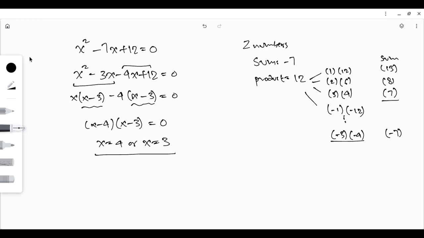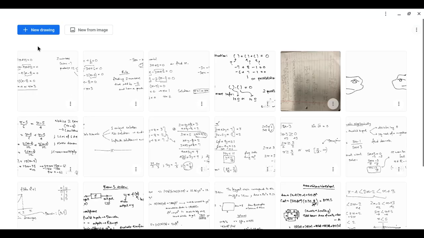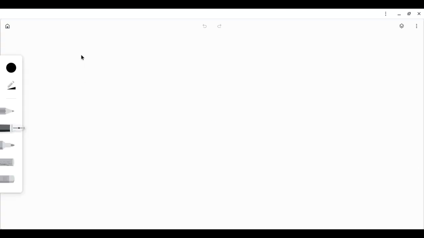Now there's one more special case. The special case is, let's say I have 2x squared minus 3x minus 2.